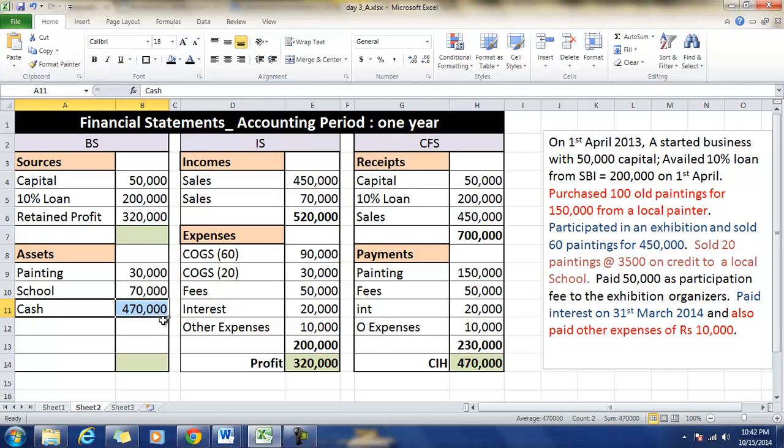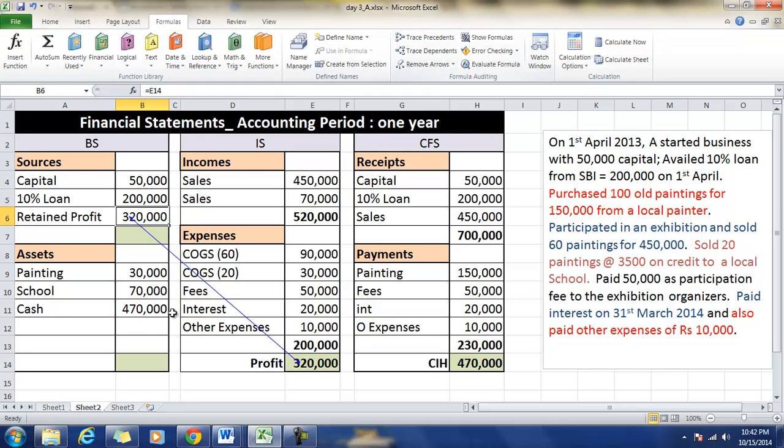Since profit is transferred from the income statement and cash is transferred from the cash flow statement, this also shows the interrelationship between balance sheet, income statement and cash flow statement. Also interesting and important to observe, cash in hand is not equal to profit, because every receipt is not an income and every payment is not an expense.